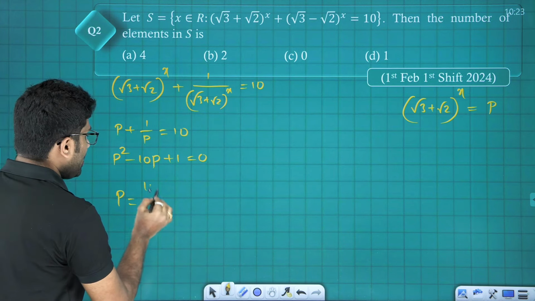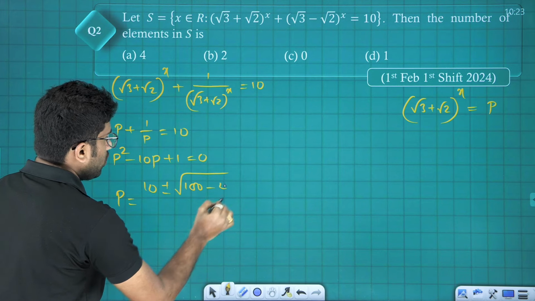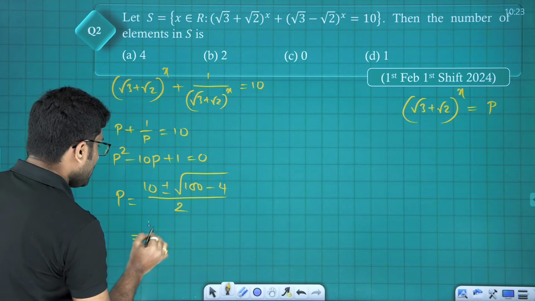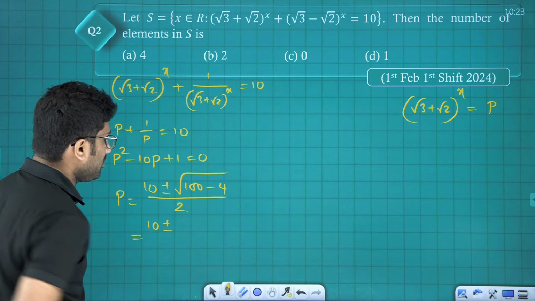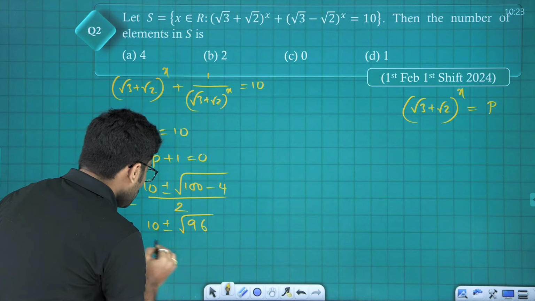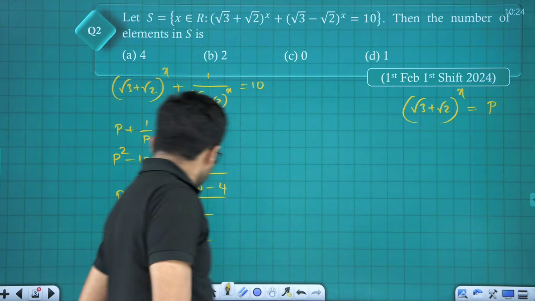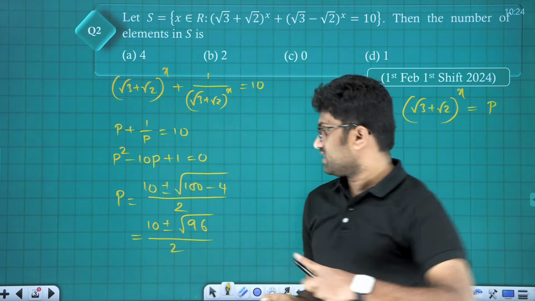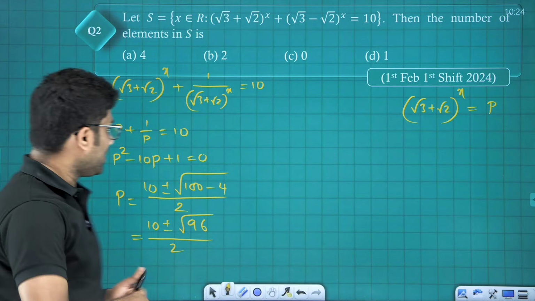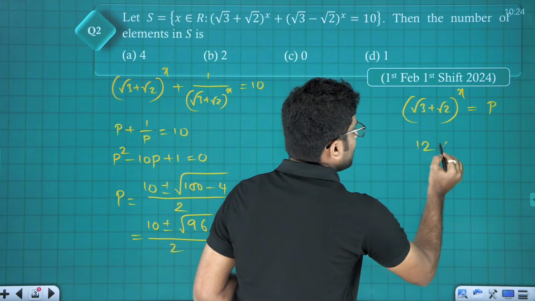P is equal to minus b plus or minus root of b square, that is 100 minus 4, divided by 2. 10 plus or minus root of 100 minus 4, which is 96, divided by 2. Now root 96: 12 eights are 96.